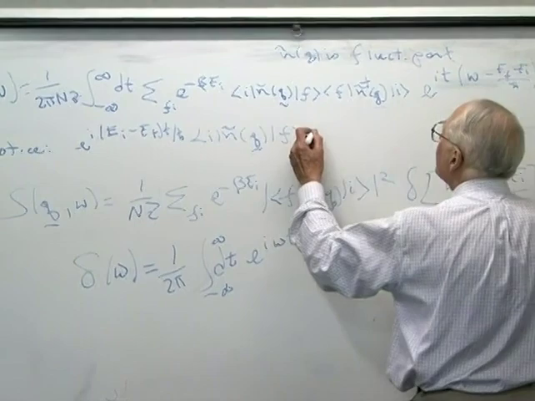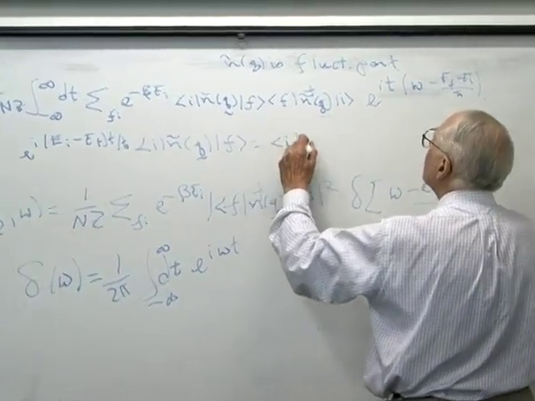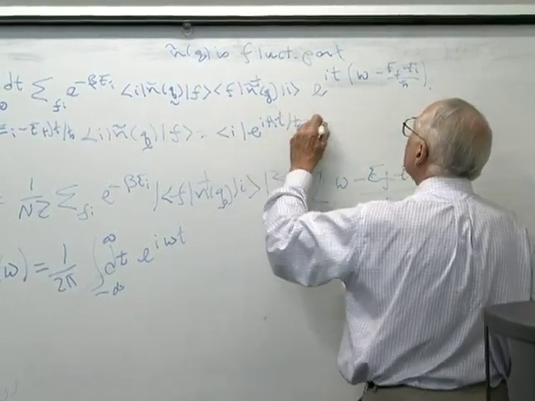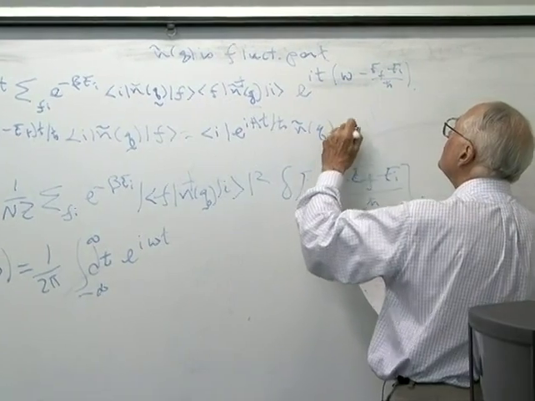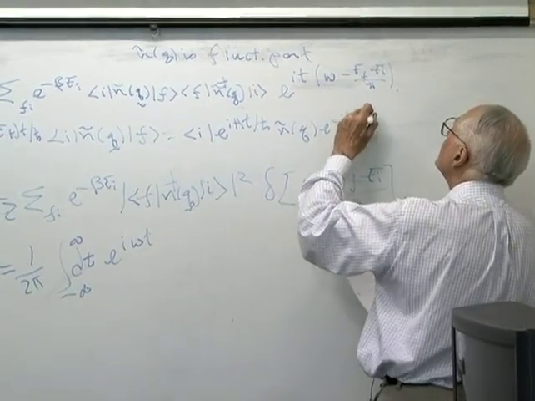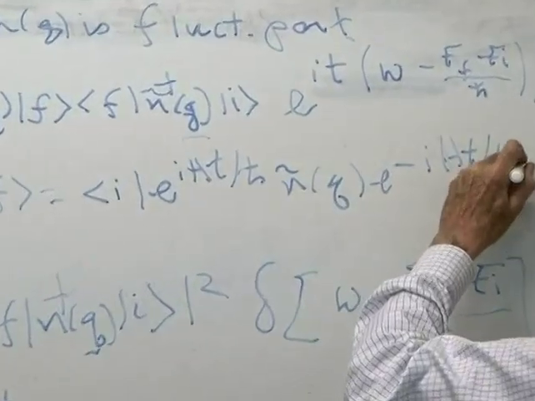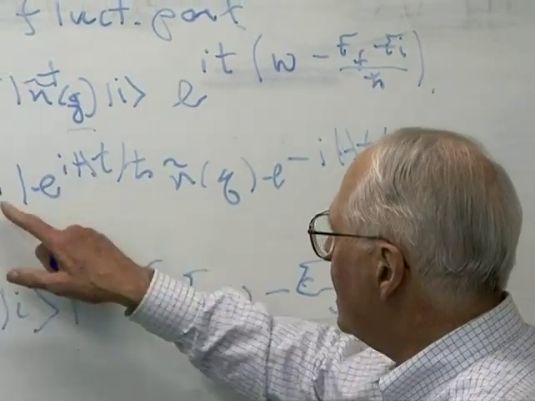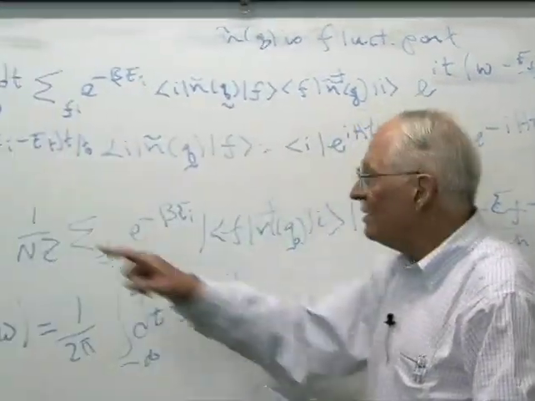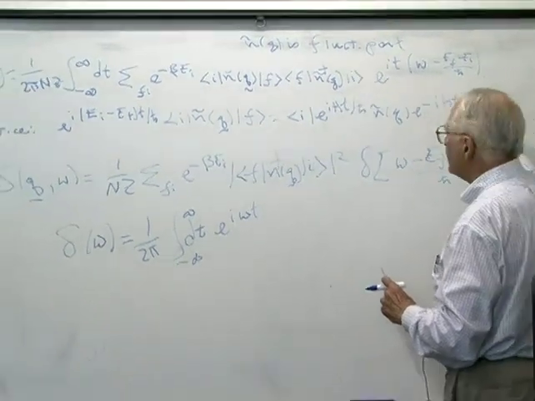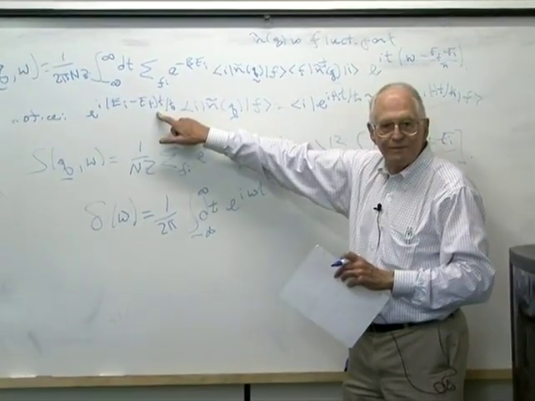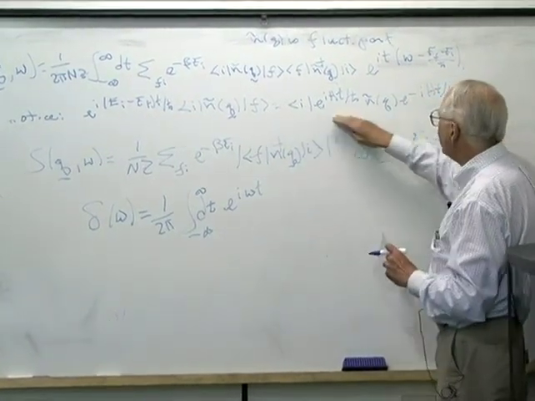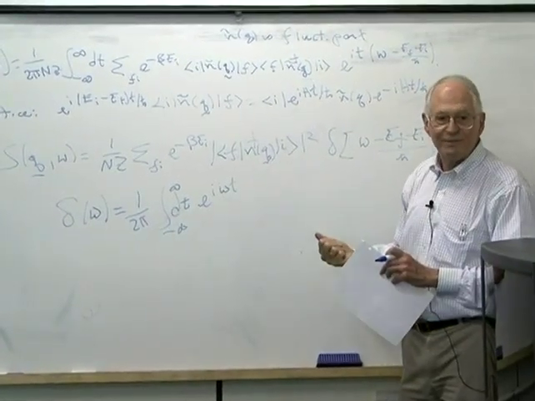So I can write this as i e to the i H t over h bar n tilde of q e to the minus i H t over h bar f. Okay? Because this Hamiltonian acts on this state to give you this factor. This Hamiltonian acts on this state to give you this factor. But now we have a matrix element between i and f of what's called a Heisenberg operator.